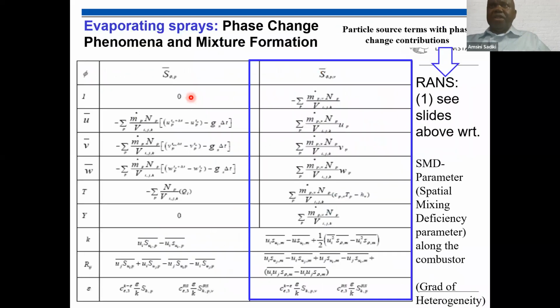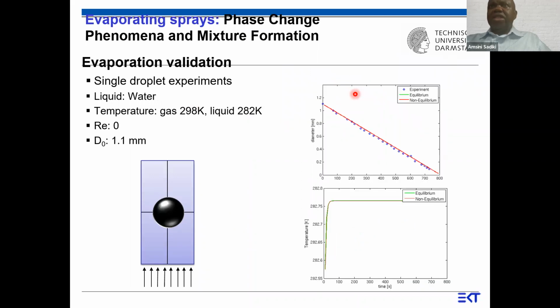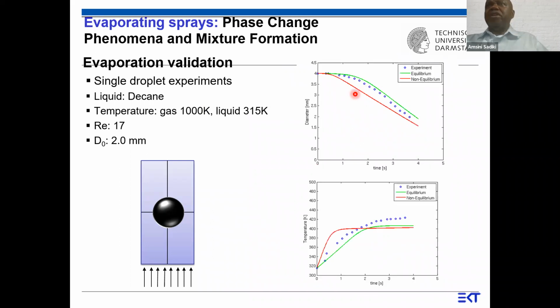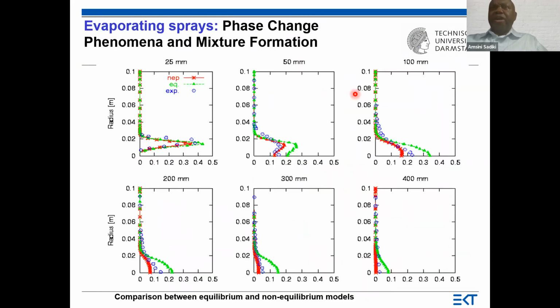Please remember that here we have large droplets, and here we have small droplets in which we have almost the same behavior. And here we have this spray, and we will see the prediction capability of these two models.